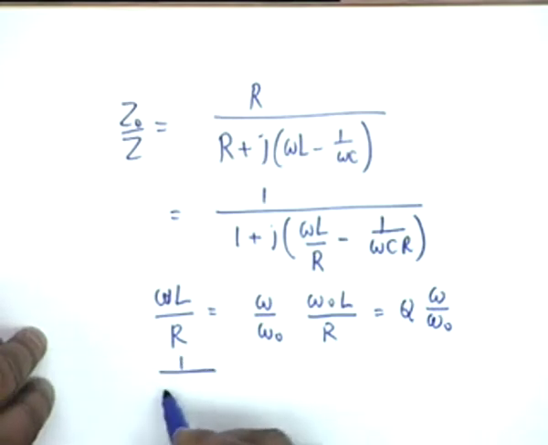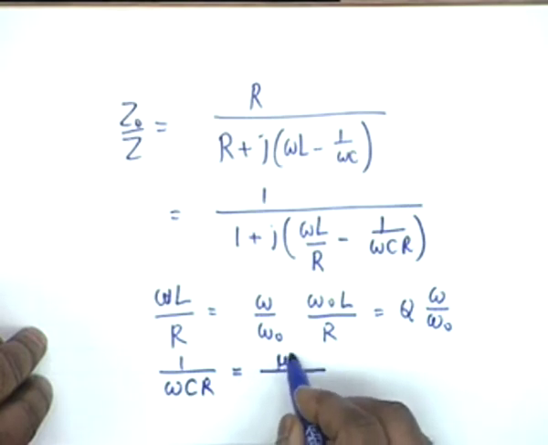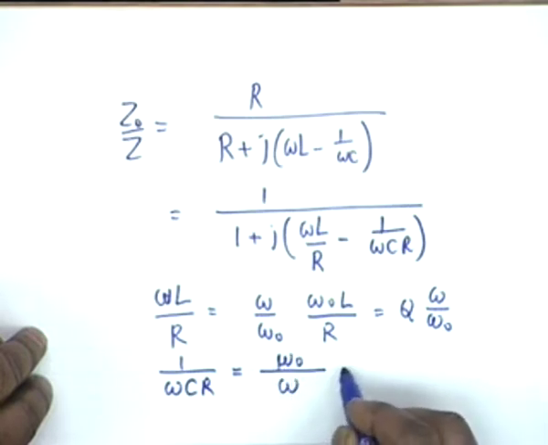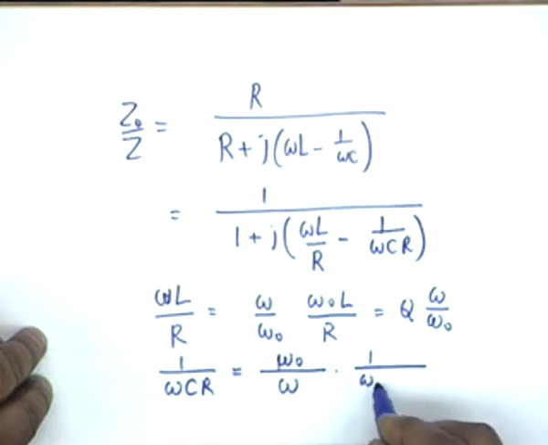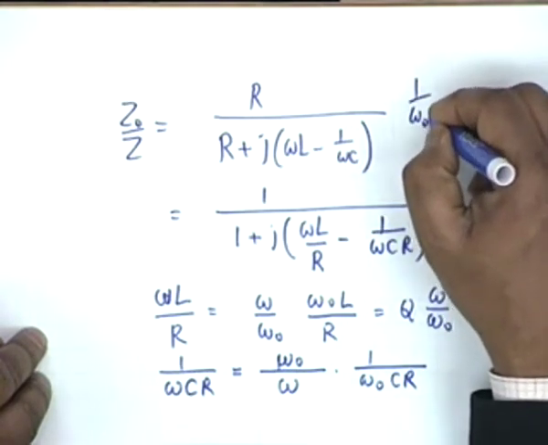In a similar manner, 1 by omega CR I can write as omega 0 divided by omega, then 1 by omega 0 CR, and you notice that this is also equal to Q, 1 by omega 0 CR, because 1 by omega 0 C is omega 0 L, isn't that right?